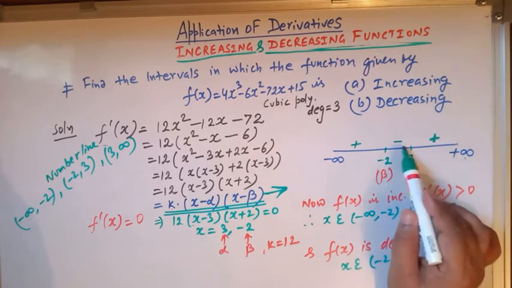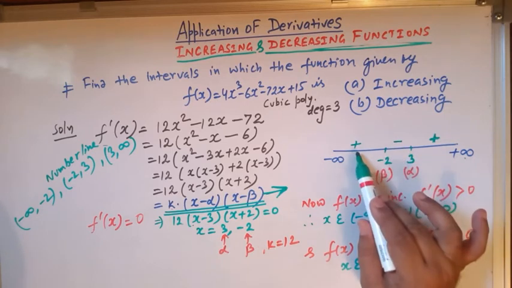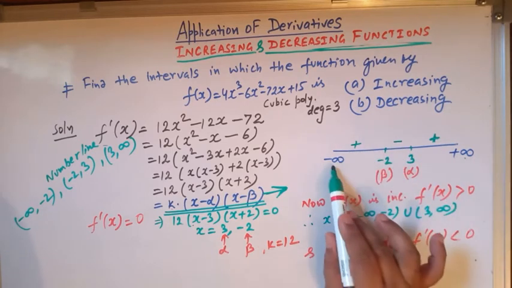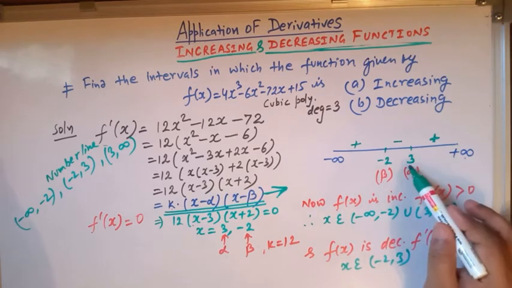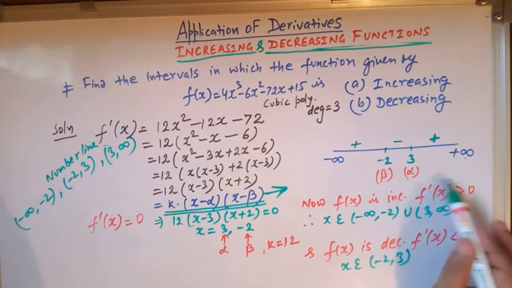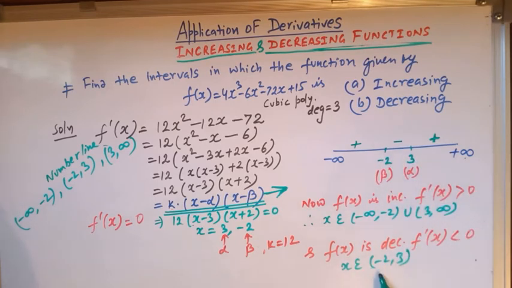Then alternatively we write minus, and then we have plus. Clear? So from minus infinity to minus 2 and union 3 to infinity, this function is increasing, and from minus 2 to 3 it is decreasing.